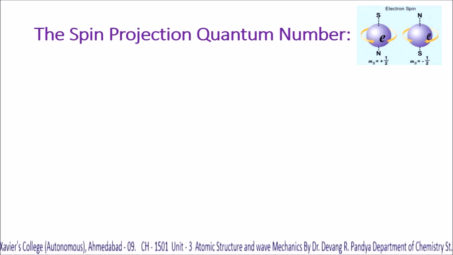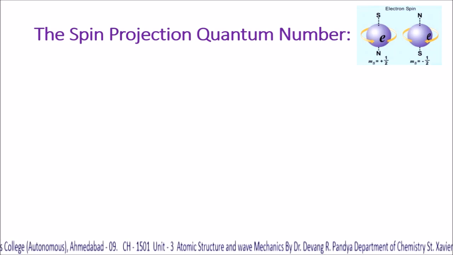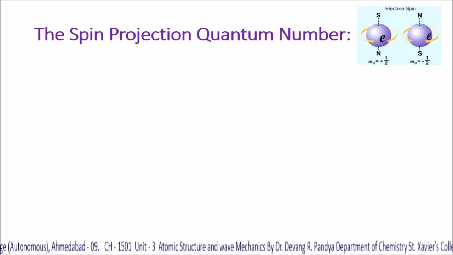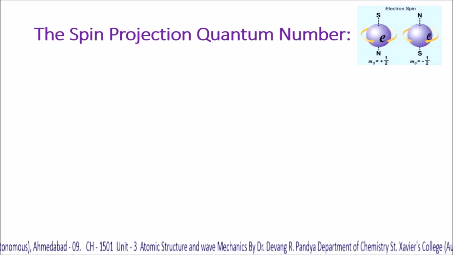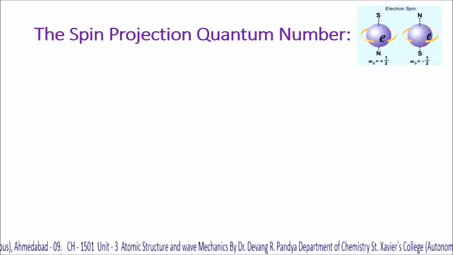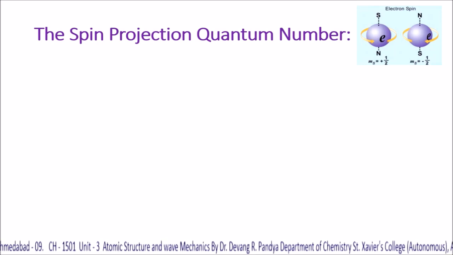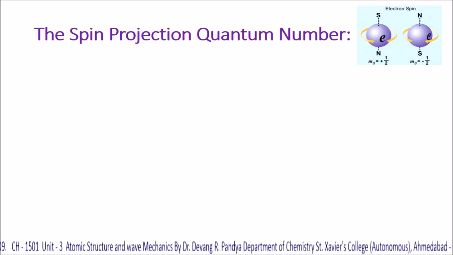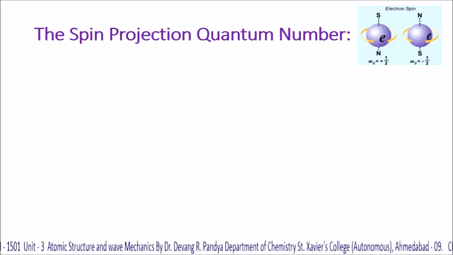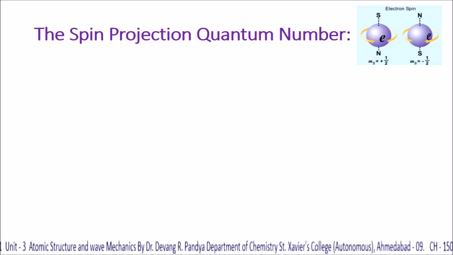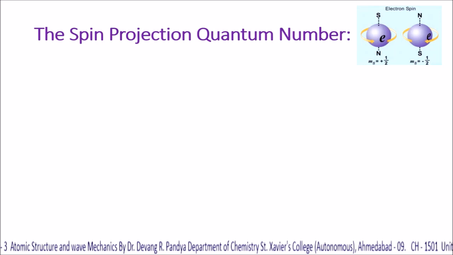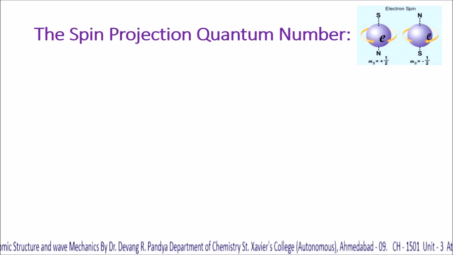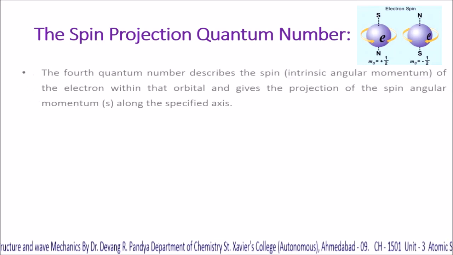When they passed the hydrogen stream through the magnetic field, they found two-sided deviation, certain hydrogen atoms towards the northern side, certain hydrogen atoms towards the southern side. On the basis of that they defined that within similar atoms there should be different spin orientations of the electron, and they gave a quantum number known as the spin projection quantum number.